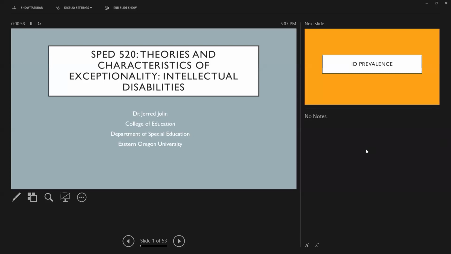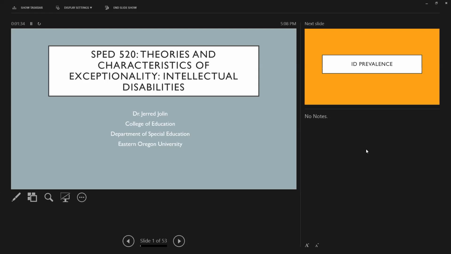The structure of our talks and of these slides essentially mirrors the structure of the chapter in the textbook that corresponds to the presentation. They do a good job of laying out all of the information that you as special educators should be aware of in regards to these different disability categories.